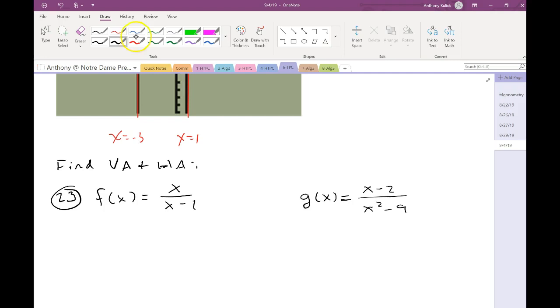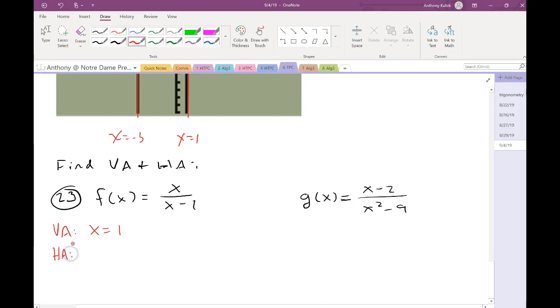All right. So everybody had a chance to do what they can do here? For 23, what did we find for the vertical asymptote? Good. X equals 1. And you should write x equals in front of the verticals.